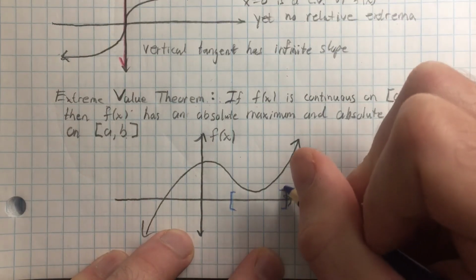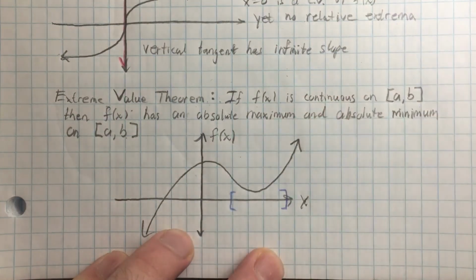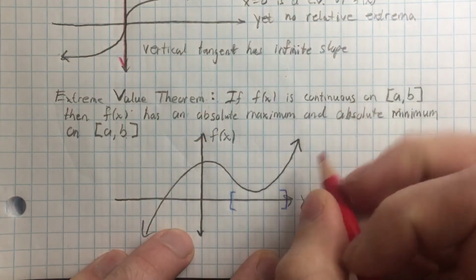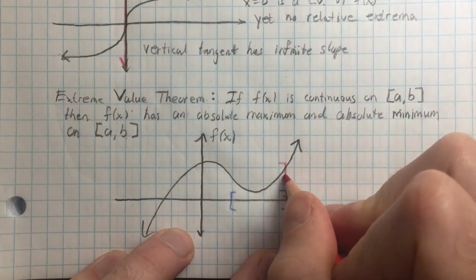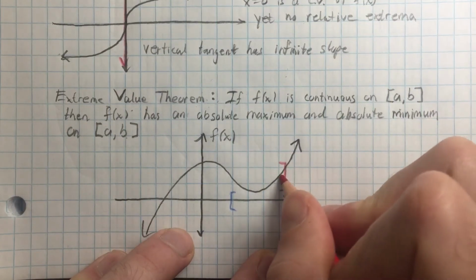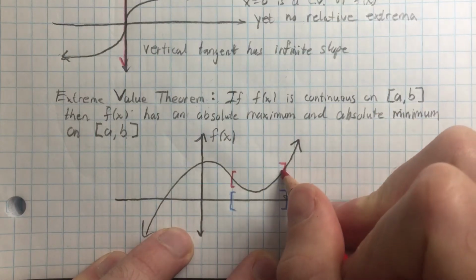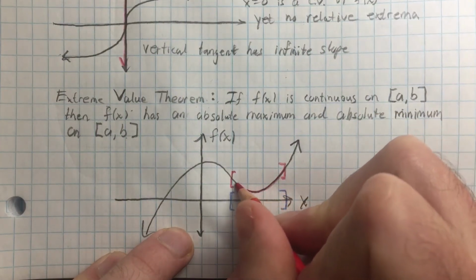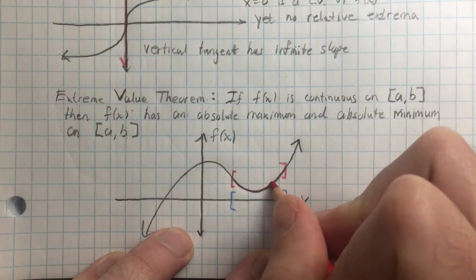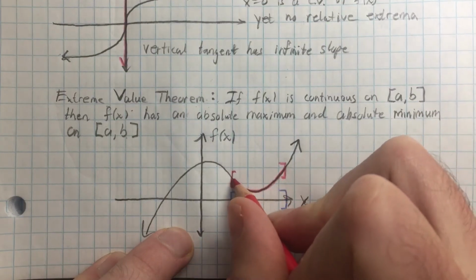All right, so this maps up to a set of function values. I'm going to draw them in red again, like I've done before. And I'm going to draw a closed interval looking object here. And so too over here. All right, so we're thinking about this set of function values, this subset of the range of this function.